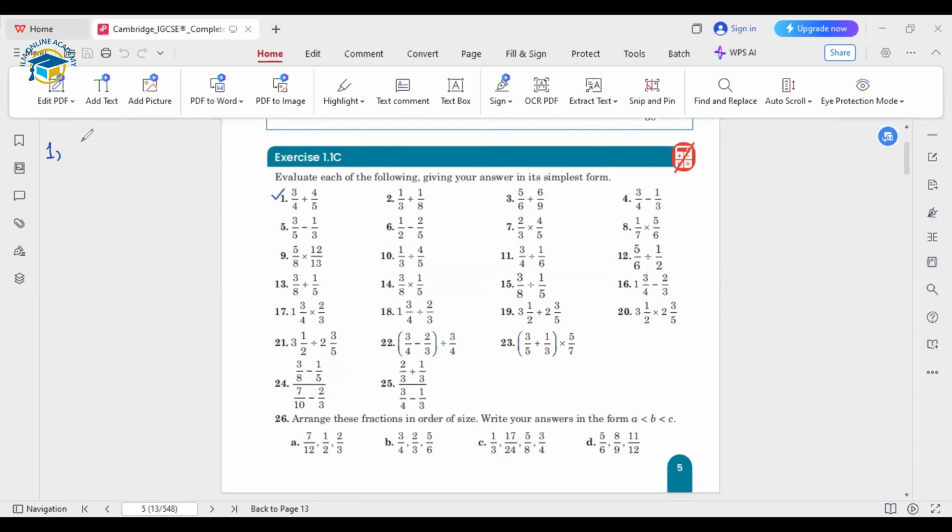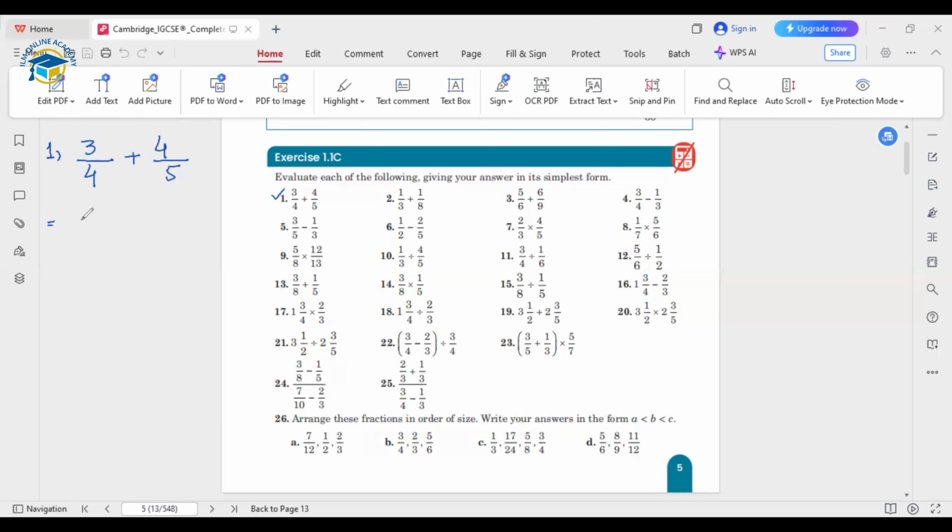For addition and subtraction, as I told you, when you are doing addition or subtraction, you need to make your denominator similar. For making the denominator similar, either you can multiply these two numbers by one single number, or you can take the LCM of these two denominator numbers, and that would also be fine.